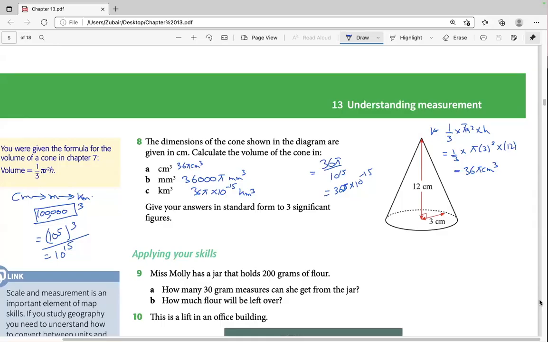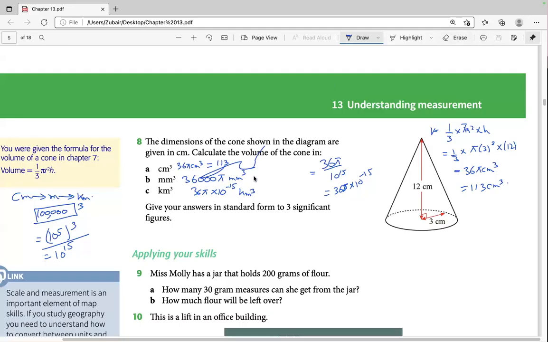The instructions are given at the end when we have done everything. He said, give your answer in standard form to three significant figures. So 36 into pi is giving me 113.09. So this is 113 centimeter cube.